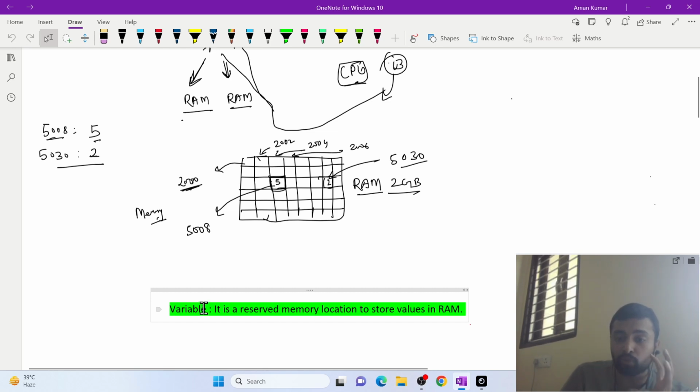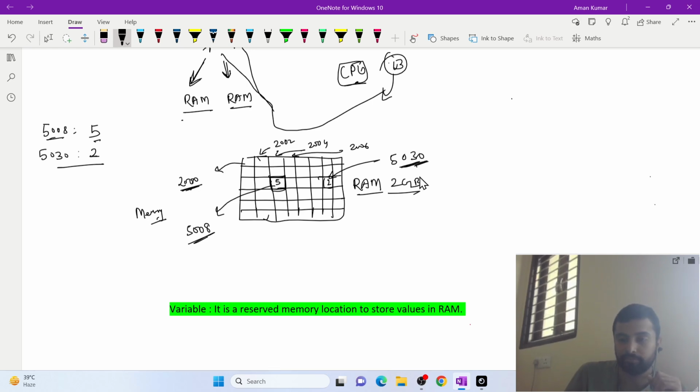So what does variable mean? The variable means a memory location, the memory location 5008 or 5030, because it is saying the same thing. It is a rigid memory location. This 5008 and 5030 is a variable.